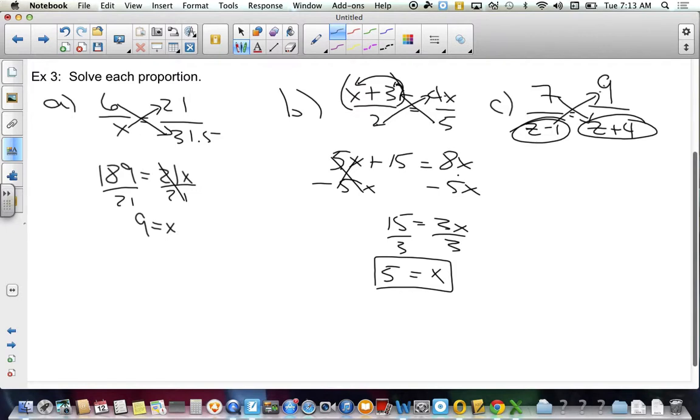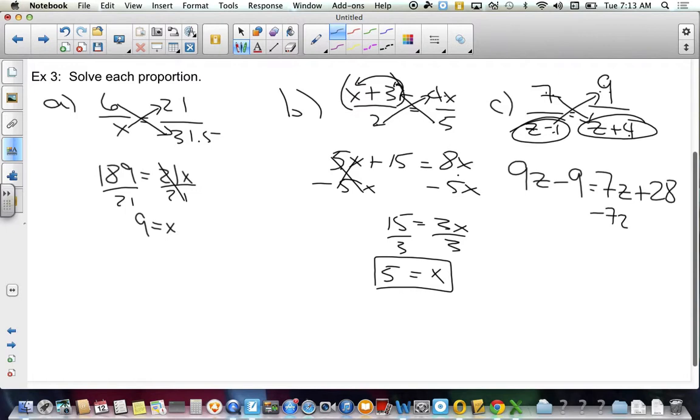So 9 times z, 9z, 9 times negative 1, negative 9. 7 times z is 7z. 7 times 4 plus 28. Okay? Again, make sure that you take the number times both parts of the binomial.